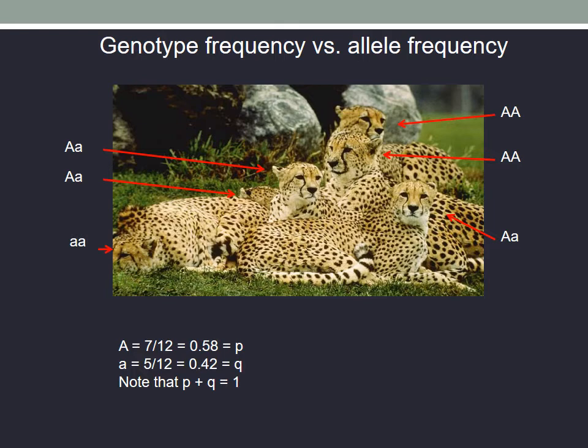Q is standing in for our recessive, and that would be 5. 5 divided by 12 is 0.42. When we add up 0.58 and 0.42, look at that. We get 1. P plus Q equals 1. You will find that sometimes if Q is very, very small, we might estimate that P is equal to 1, but we're not there in this example.